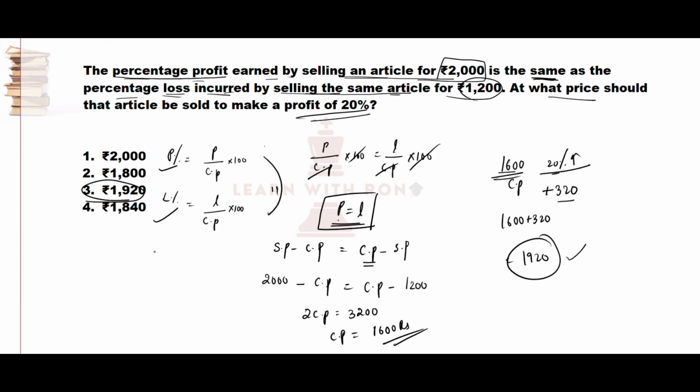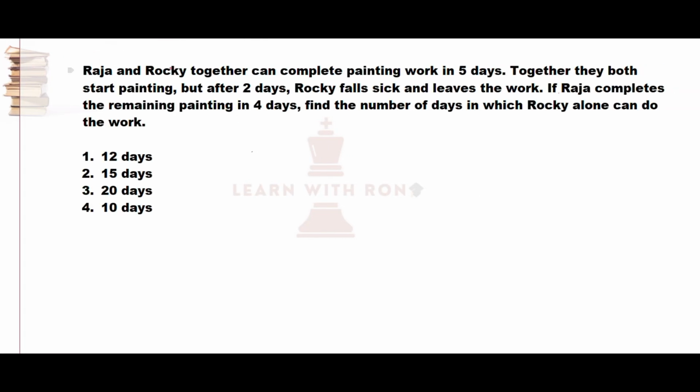Let's hear next question. See this question. Here they have said Raja and Rocky together can complete painting work in 5 days. So total work is nothing but time, how much? 5 days. Whose efficiency? Both Raja and Rocky. Let Raja's efficiency be RA, Rocky's efficiency be RO. So this is the total work.